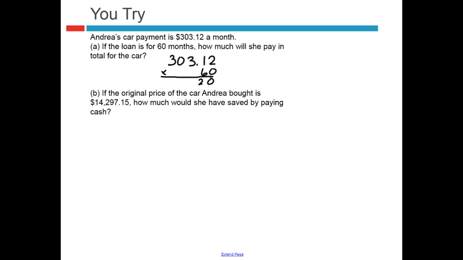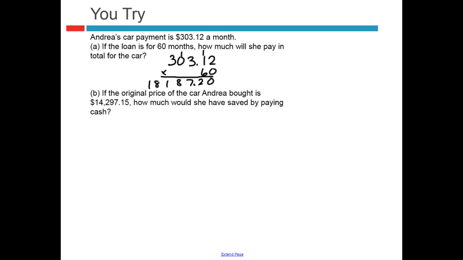So if we take $303.12 and we multiply that by 60, 6 times 2 is 12, 6 times 1 is 6, plus 1 is 7, 6 times 3 is 18, 6 times 0 is 0, plus 1 is 1, 6 times 3 is 18 again. So let me just check my work. That would be 18,000.